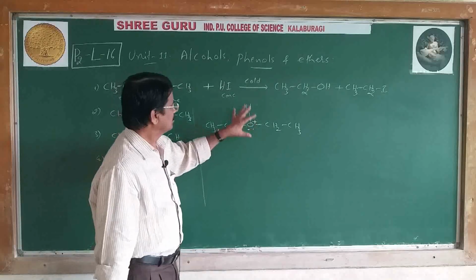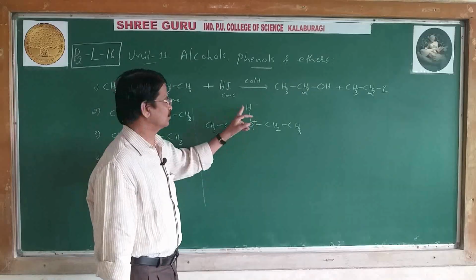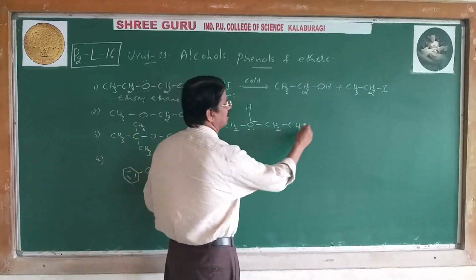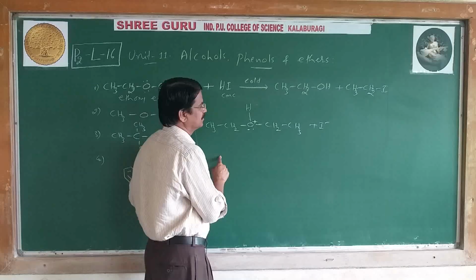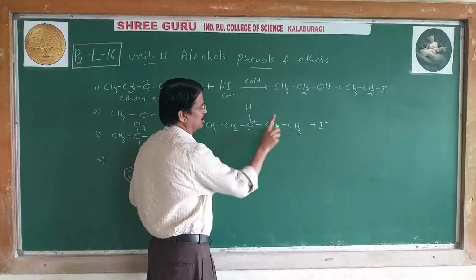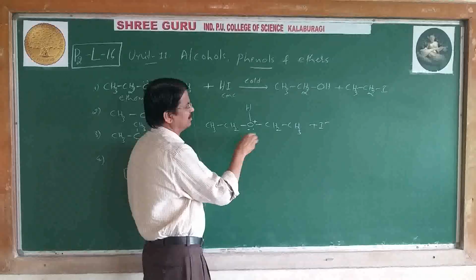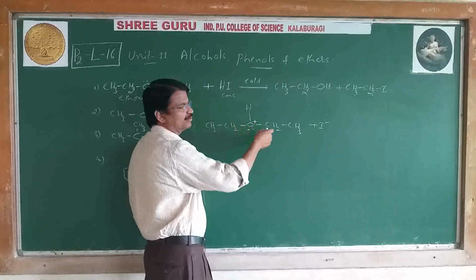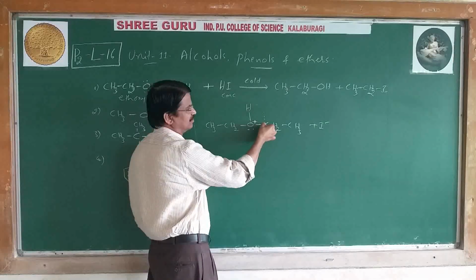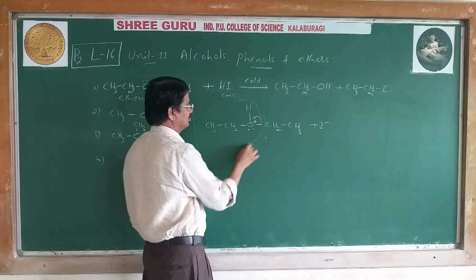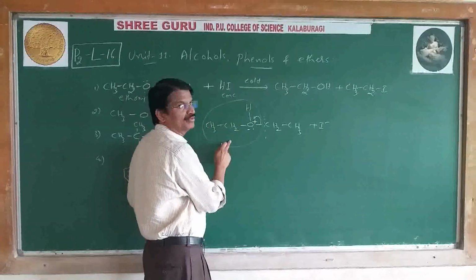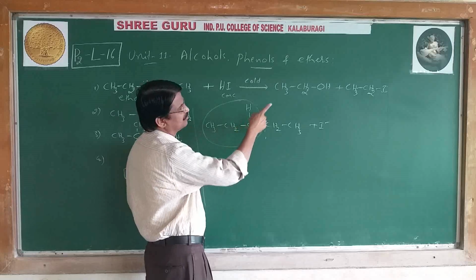Now it is an oxonium salt. Oxonium ion is formed, plus I minus. Next, the O-C2 bonds on both sides are equal, hence from any one end you can break the bond. Heterolysis occurs and the bond shifts like this. Then we get a molecule of CH3CH2OH.